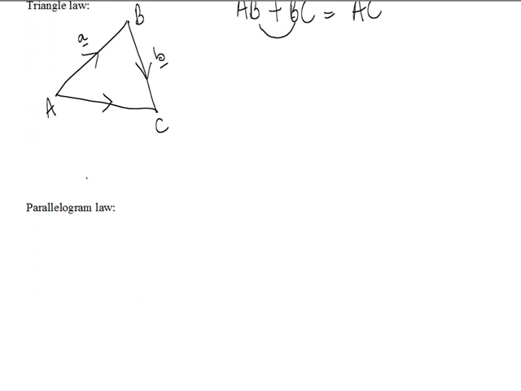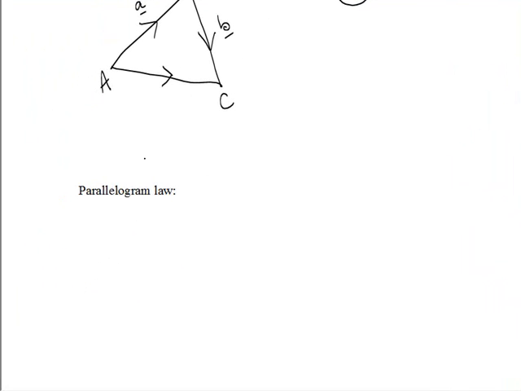They should diverge from a point. So for example, let's call this AB again. Let's call this A. And then let's call this AC.